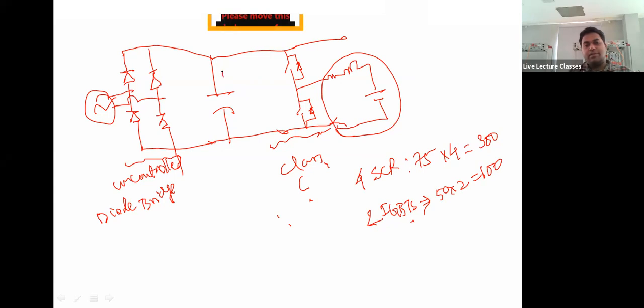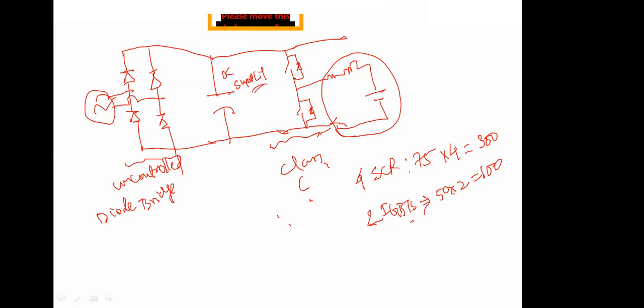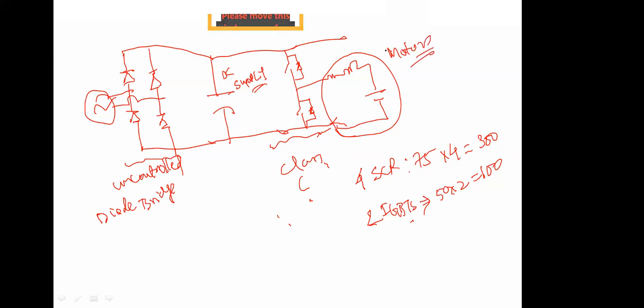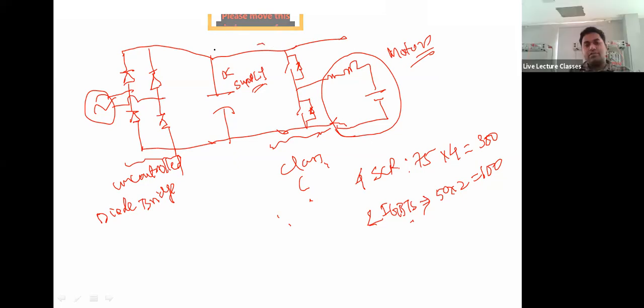This is the DC supply, and the motor side is here. So the motor is controlled. It is drawing its power from the capacitor, and the capacitor is charged from the grid side through the rectifier.